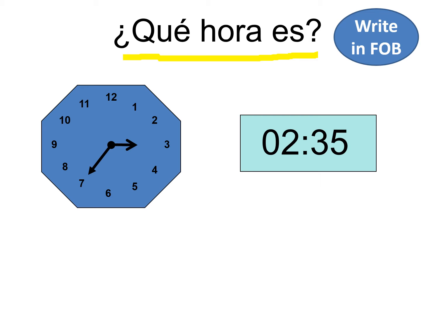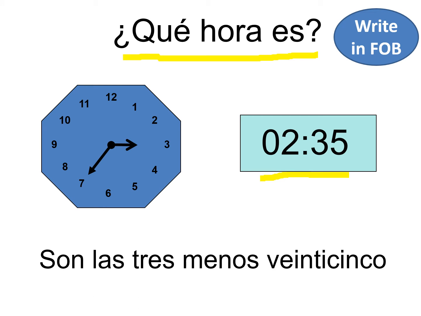So, to say in Spanish, it is 25 to 3, we are going to say son las 3 menos 25. As you remember, in Spanish, we mention first the o'clock time, son las 3, and then we mention the minutes.